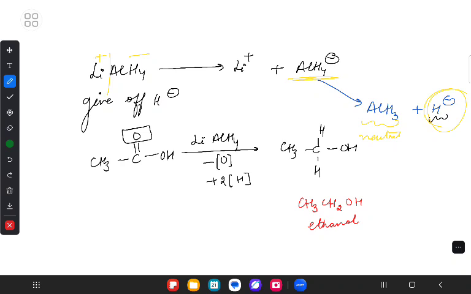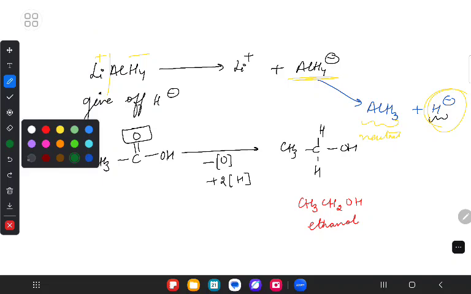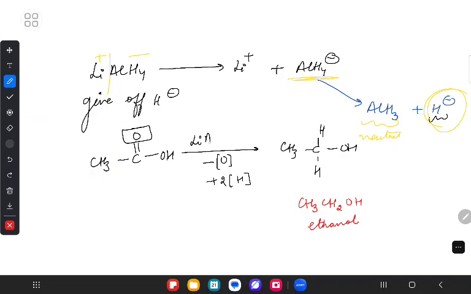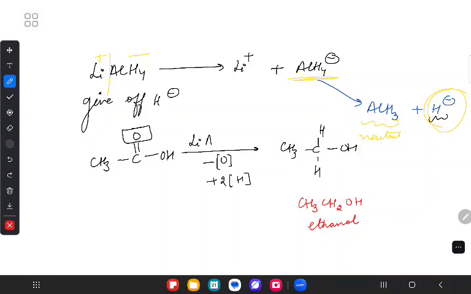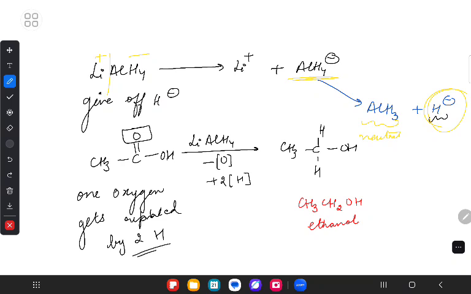Got the point? So that's LiAlH4. So basically one oxygen gets replaced by two hydrogens.